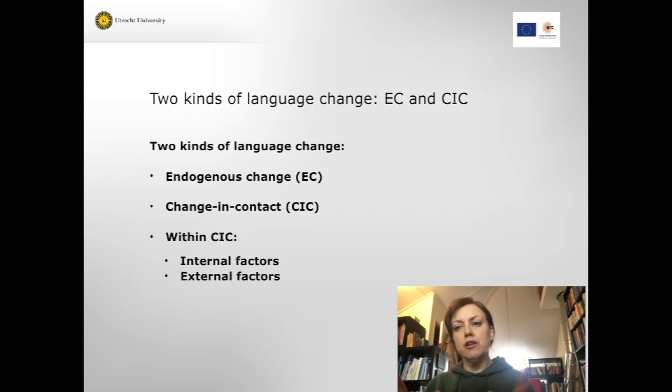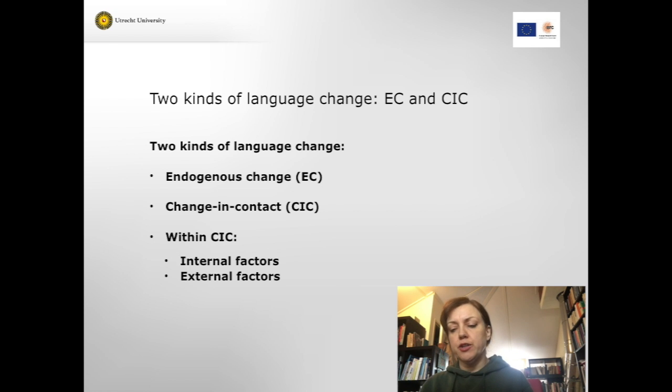In general, internal factors here will mean factors that have to do with grammar and cognition, whereas external factors are those that have to do with the social use of the language. So the societal input on language change, the desire for speakers to learn the new language or not, the feeling about the language, the use, extended or less extended, the prestige, all these things. These will be the external factors.